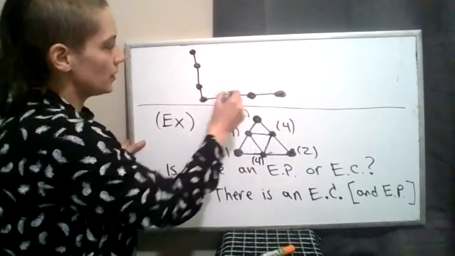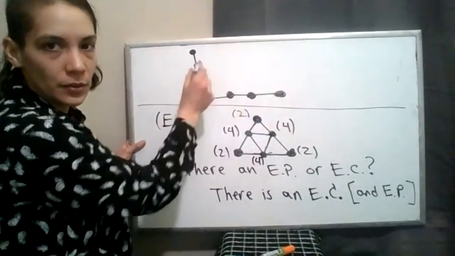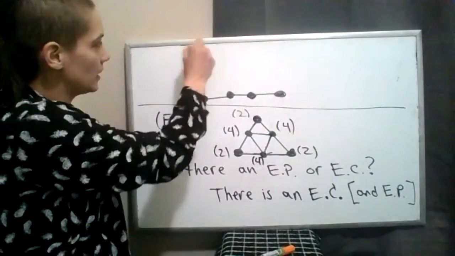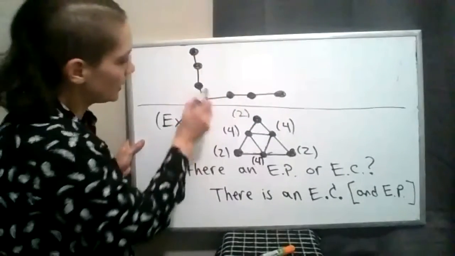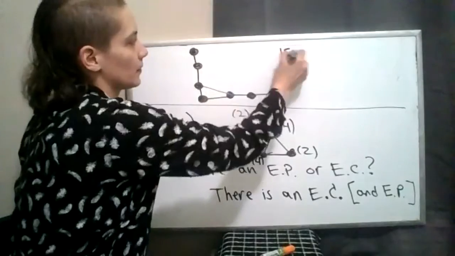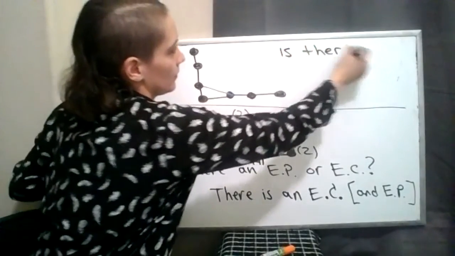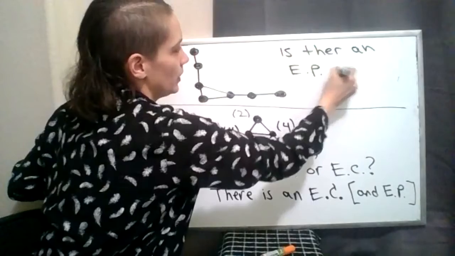So that's 1, 2, 3, 4 vertices on the bottom, and then like starting here, 1, 2, 3, 4 vertices on this side. And these two are connected. We're looking for an Euler path or circuit.